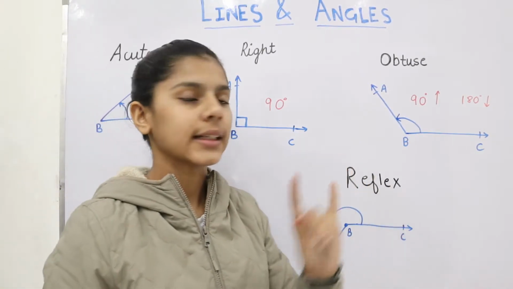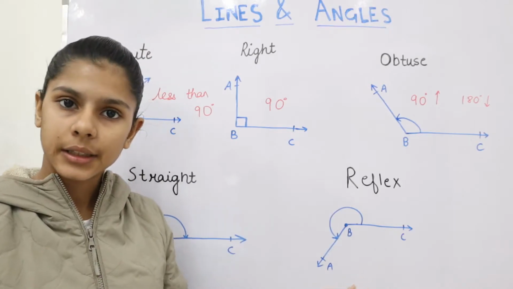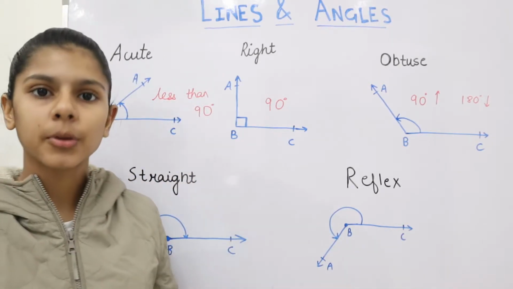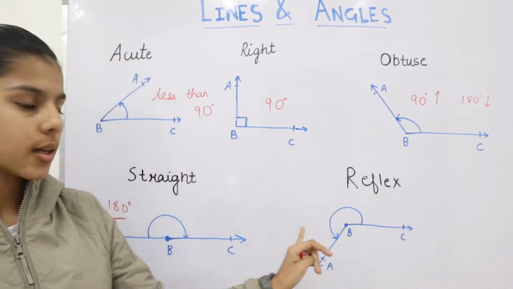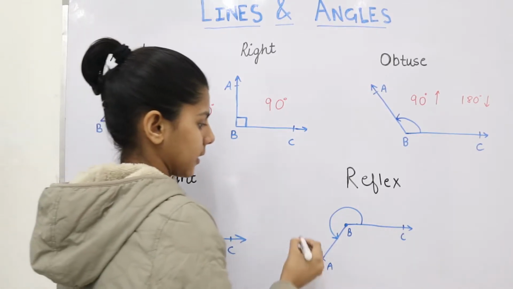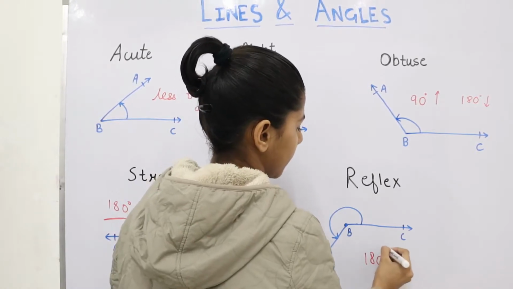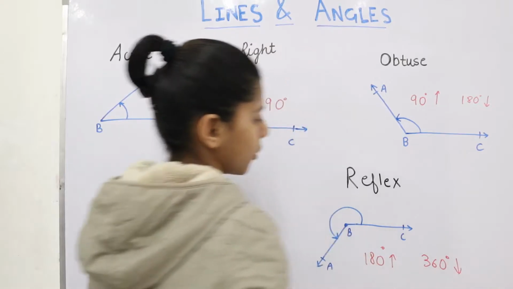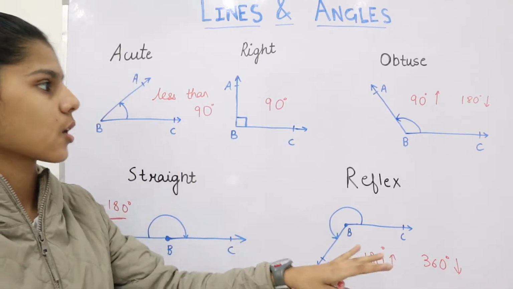The next type, reflex angle. Reflex angles are those which are greater than 180 degree but less than 360 degree. 360 degree means a complete circle, a complete angle. So it will be less than 360 but greater than 180. Now you can observe that the angles are in increasing order.